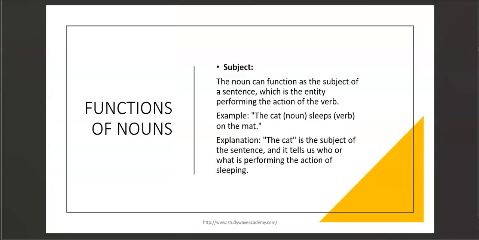When it is the subject of the sentence, it tells us who or what is performing an action, okay? So here I gave an example, the cat sleeps on the mat. Who is performing the action of sleeping? It is the cat, and therefore here the noun is the subject of the sentence.